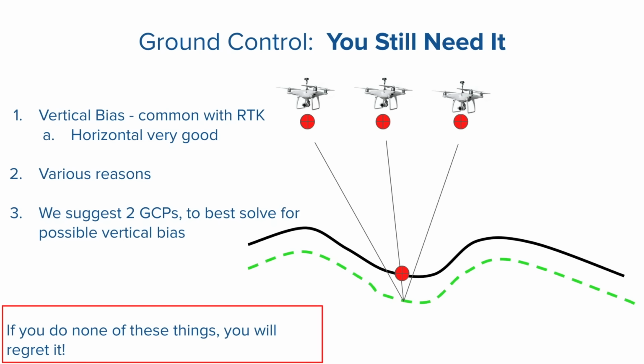We recommend having more checkpoints, but at least to solve for that bias, all you really need is 2 ground control points. And like I mentioned, down at this bottom left-hand corner, I put it in red. If you don't do that, if you just fly it as is, and you're doing survey work, and people are trying to match up past elevations to present observation elevations, you're going to run into issues.